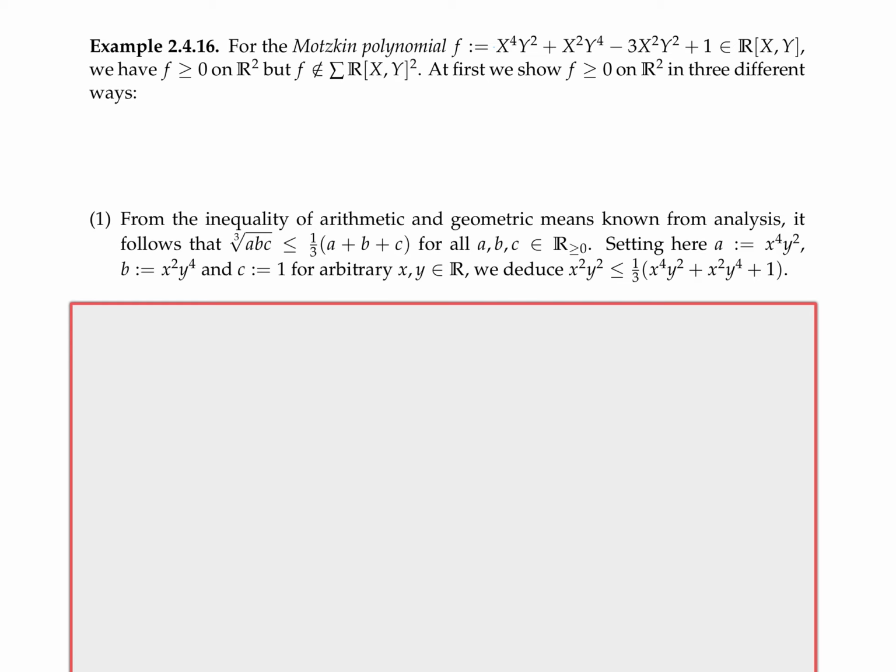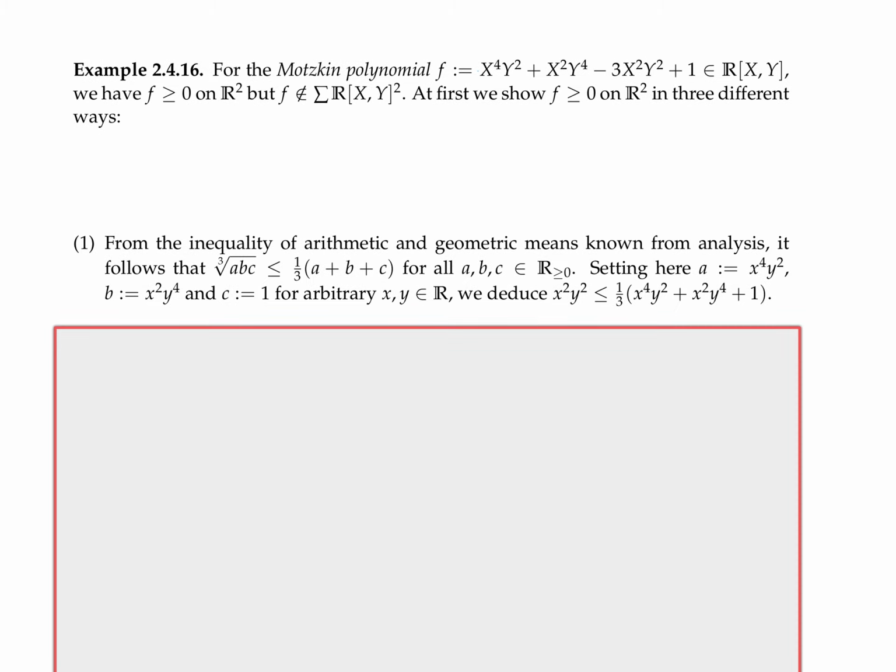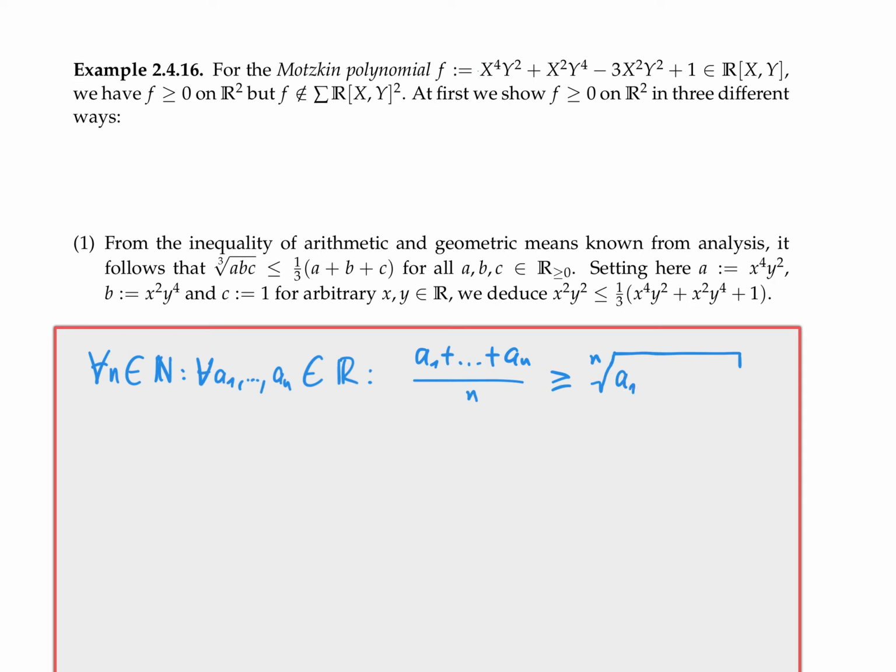In general, this inequality says that for all n in N and for all a1 up to an in R non-negative, the arithmetic mean of the a_i, that is the average, the sum divided by n, is greater than or equal to the geometric mean, the nth root of the product of the a_i.